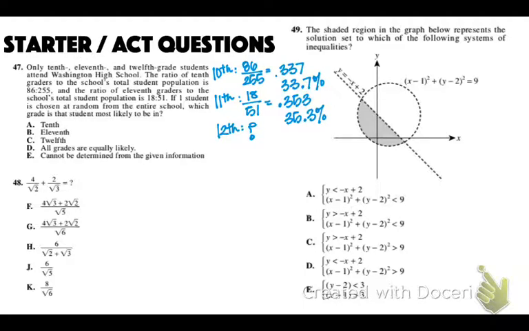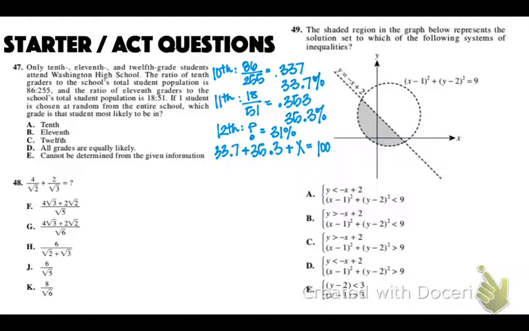From that, we could figure out the percentage of 12th graders, right? Because if we only have 10th, 11th, and 12th graders, then the total population is 10th, 11th, and 12th graders, so this has to add up to be 100. So we could do 33.7 plus 35.3 plus the 12th graders, which we can call X, equals 100, because it needs to equal 100%, which really we're just doing 100 minus 33.7 minus 35.3, and we get about 31%.